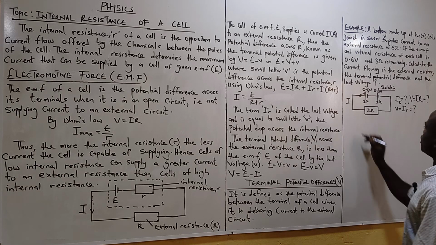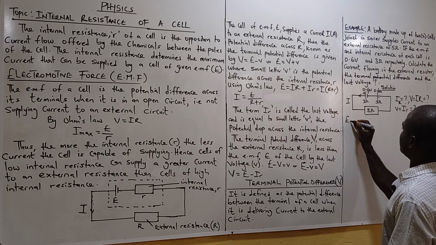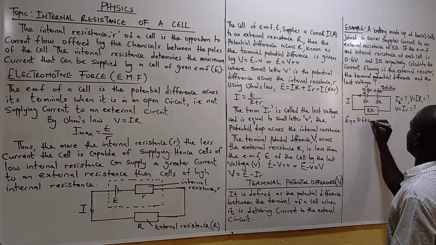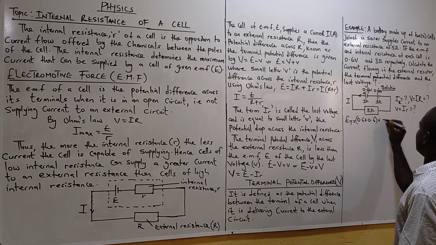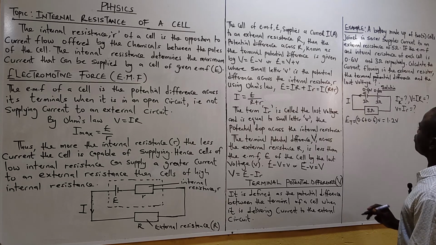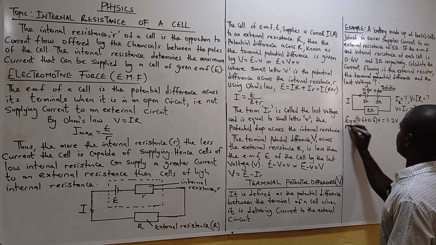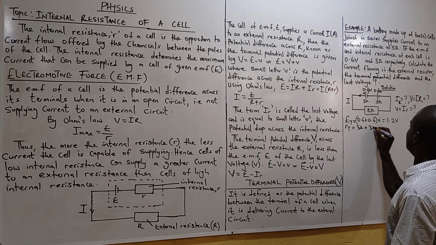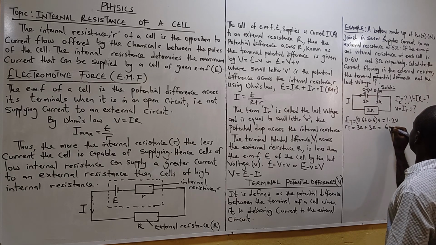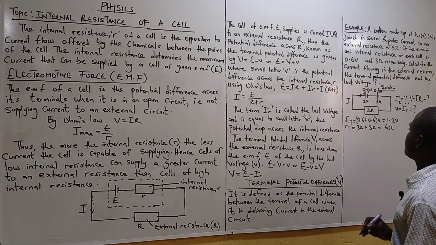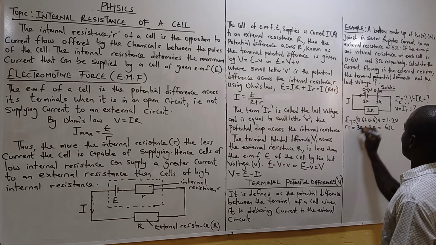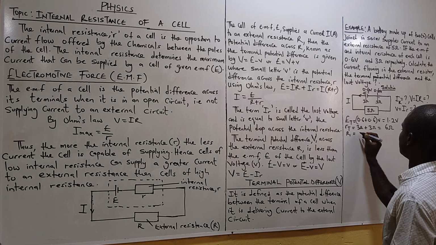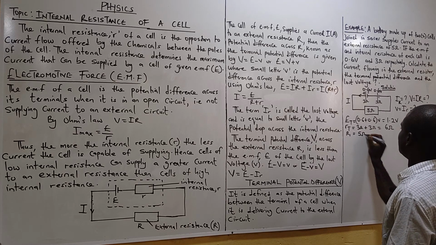Now let's see the total EMF, E total, which is 0.6 plus 0.6 volts, so you have 1.2 volts. R total, which is 3 ohm plus 3 ohm, is 6 ohms. The external resistance, let's call it R1, is 5 ohm.